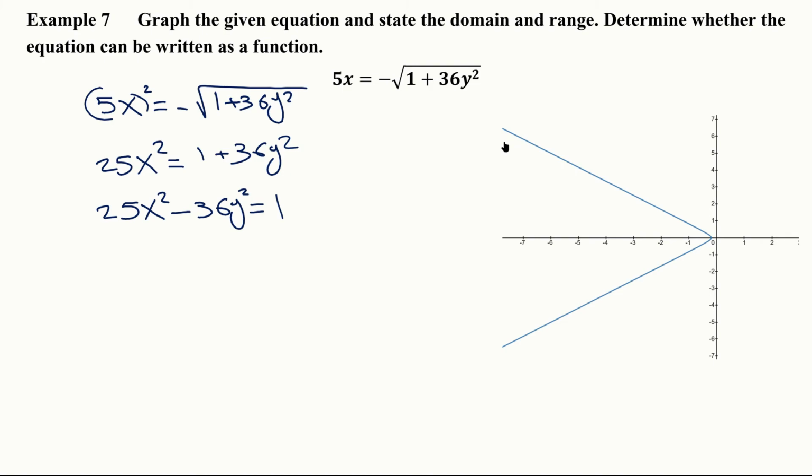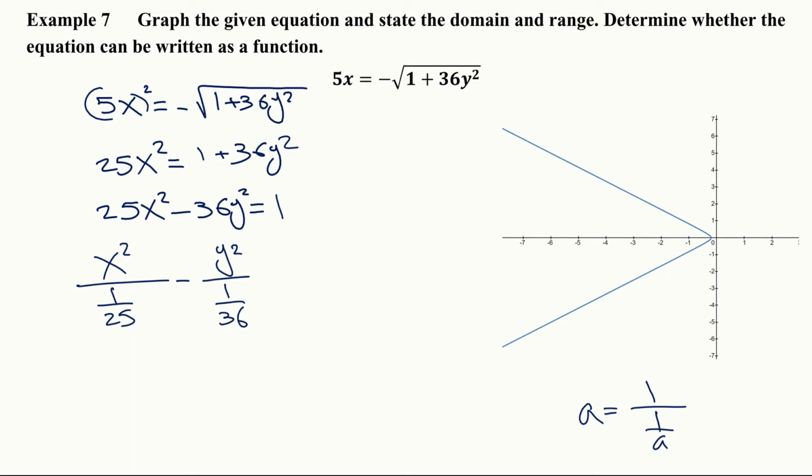So here you're going to have to use this trick. Remember, a is the same as 1 over 1 over a. So we're going to write it as x squared over 1 over 25 minus y squared over 1 over 36 equals 1.